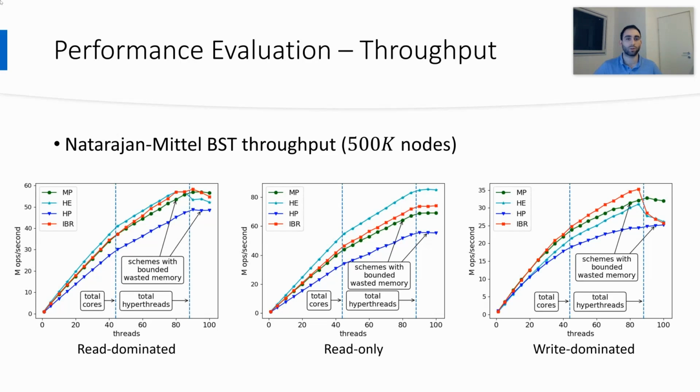Okay, so these are the throughput results of the NM binary search tree. We can see that margin pointers outperforms hazard pointers in all workloads, and it is comparable to the other epoch-based reclamation schemes in the non-read-only workloads, and it even outperforms them when we exceed the number of hardware threads.